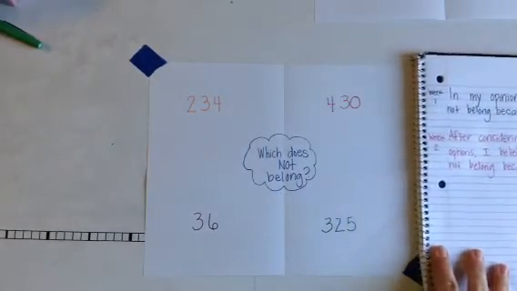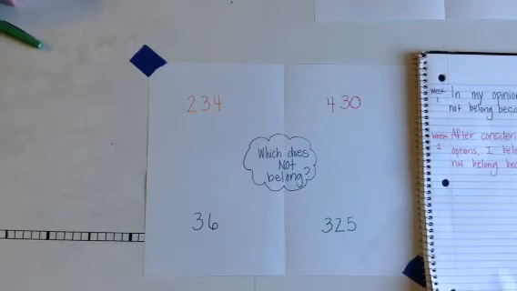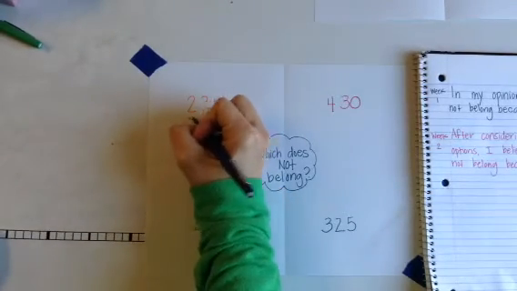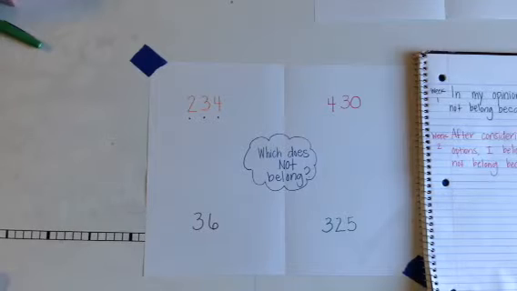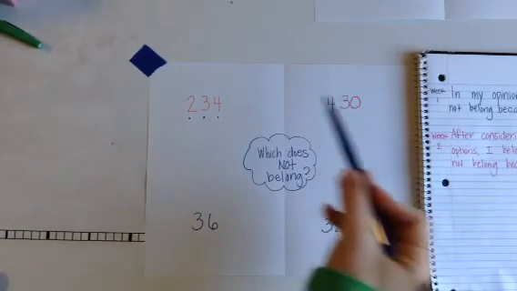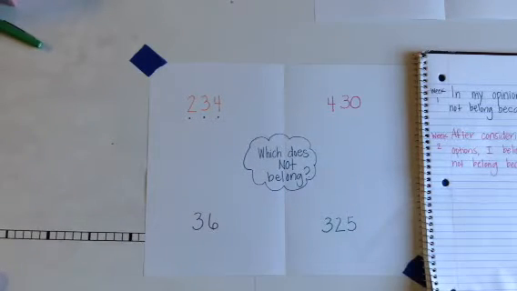So when I look, the first thing that I want you to think about is how many digits does each number have? Remember, a digit is just one single number. So for example, this one has 1, 2, 3 digits. Now, if you're looking at my numbers, you're going to notice that one of them is only a 2-digit number.